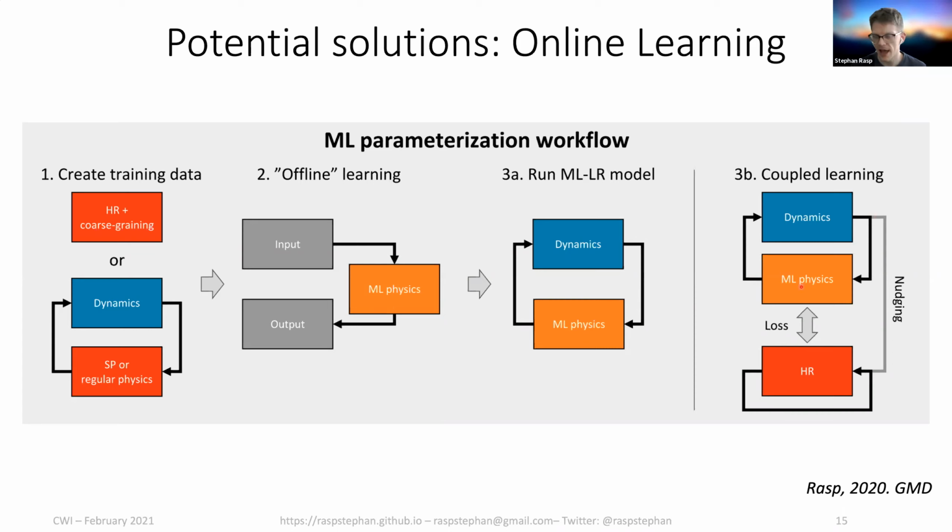So as you run your real simulation, you continue learning, and you do so by running a high resolution model in parallel, keeping the two simulations coupled through a nudging term, and then every time step looking at the difference between the high resolution simulation and your hybrid simulation, and getting a loss from there, so that hopefully you can learn online. Let's say it's a neural network, you can update your neural network always to do better and better and come closer and closer to the high resolution simulation. So this is the general overview.